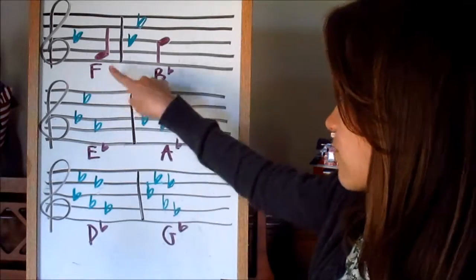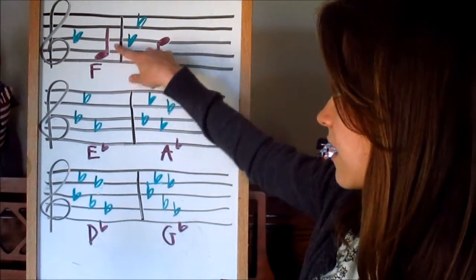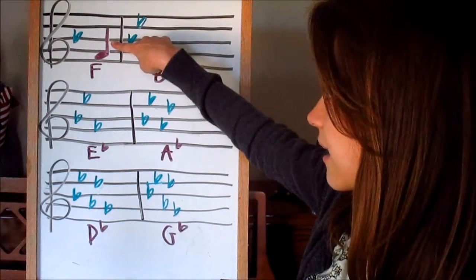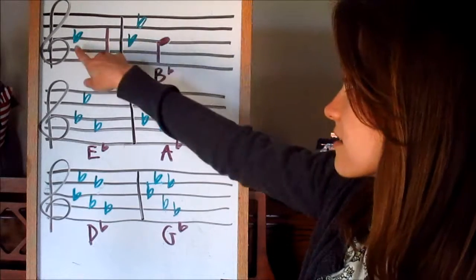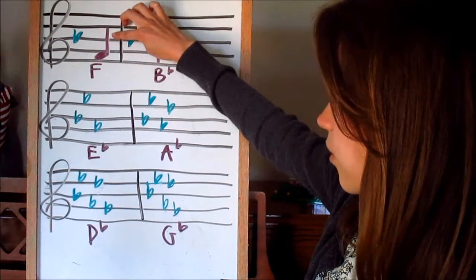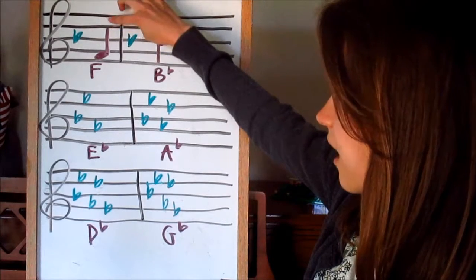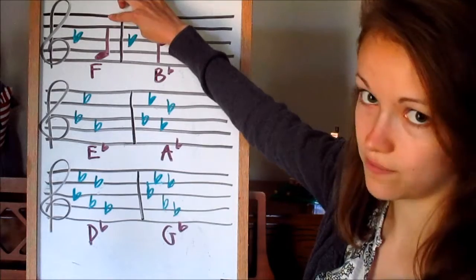So if you have one flat, you're in the key of F. F is do, G is re, A is mi, B flat is fa, because the B line has a flat, C is sol, D is la, E is ti, and F is do.